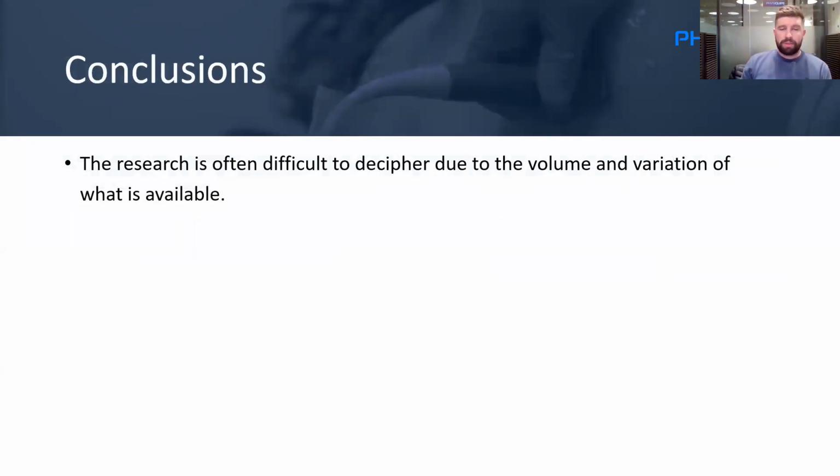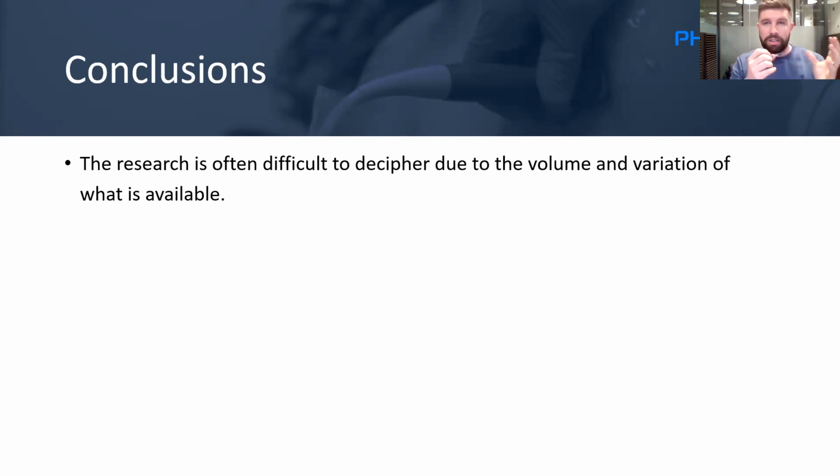But ultimately, if you do want to dive into the research, it is difficult to decipher. I find myself, when I've read papers, sometimes with my head against the wall, because you've read 3 or 4 papers that either have conflicting information, or the design is not what you think could have been ideal. It's rich coming from me, as I've not done any research myself. But there is a massive volume and variation, so it's quite difficult to pull out some of that information.